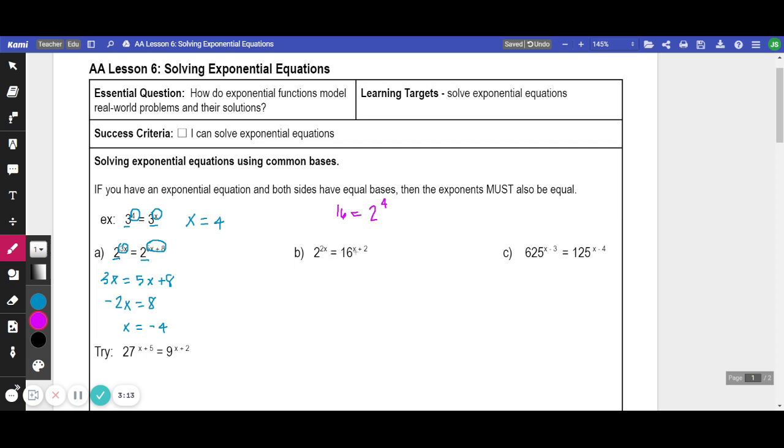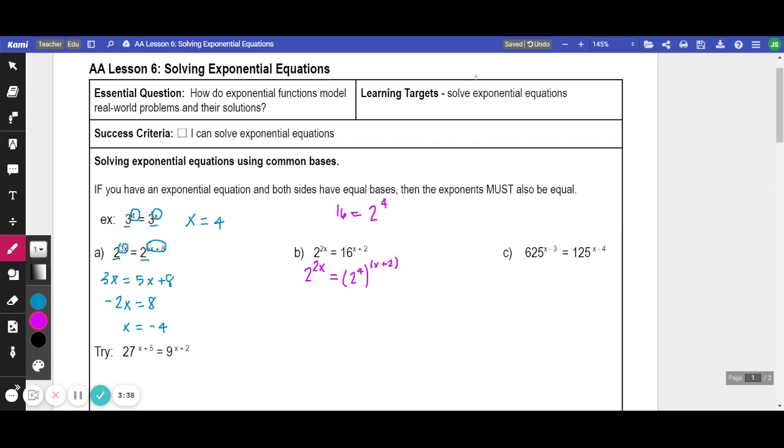But when you do that, it already had an exponent there. So this side is 2 to the 2x equals. Now instead of 16, I'm going to write 2 to the 4th because 16 is equivalent to 2 to the 4th. And now both of my bases are a 2. But don't forget you also had another exponent here, which was x plus 2.